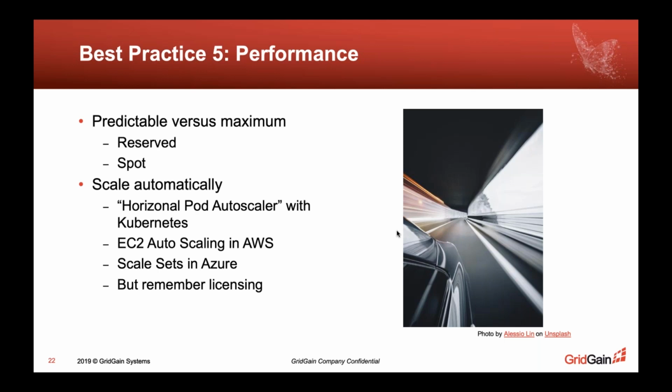And then another thing to think about is licensing. If you're working with GridGain, obviously licensing is not an issue with Ignite, but if you're working with GridGain, it is a CPU-based license, so you'll need to consider that if you're doing a lot of auto scaling and bursting and things like that.